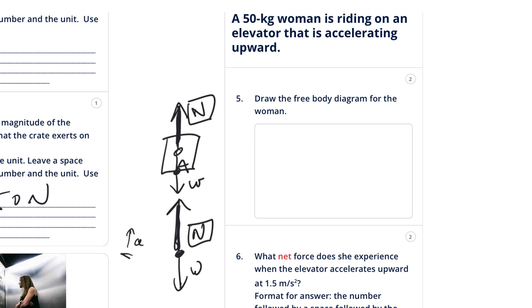The net force is upward. And therefore, the force pointing up has to be bigger than the force pointing down. So this would be the free body diagram of the lady. Hopefully you can see that the weight is less.